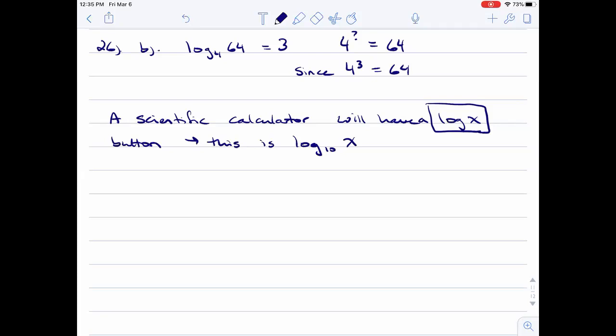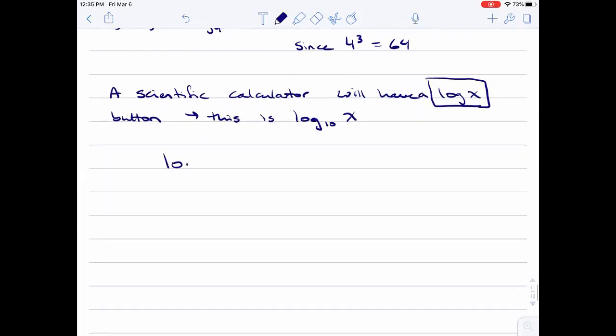Log base 10 is called the common log. If it's just written as log, we kind of dissolve the base 10.